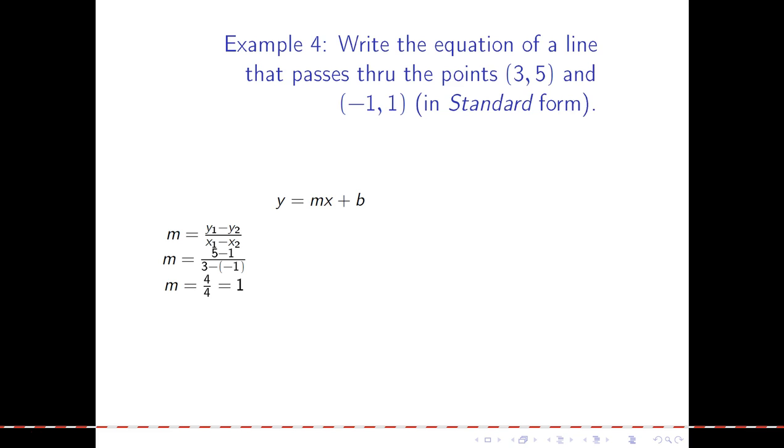Again, if we start with y equals mx plus b, we can substitute in that one value. Now, again, you can pick either of the 2 points. You can pick the (negative 1, 1) or the (3, 5). I went with (3, 5). It does not matter. If you do that, 5 equals this, which means b is equal to 2. Great. We solve for b. We substitute back in. y equals x plus 2.